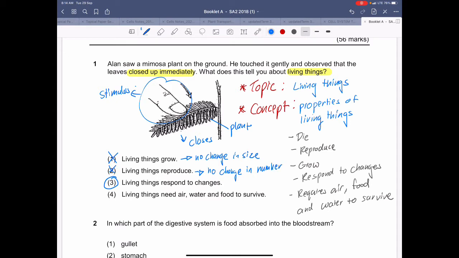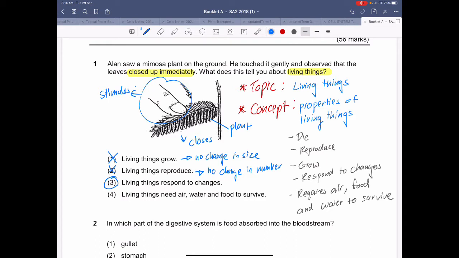So the only 2 that are more plausible are number 3 and number 4. Why? Because number 4 is more abstract. You cannot really count. Like living things grow, you can see the change in size. Living things reproduce, you can count the number of organisms. But for 3 and 4, they're quite close but yet quite not. Why?